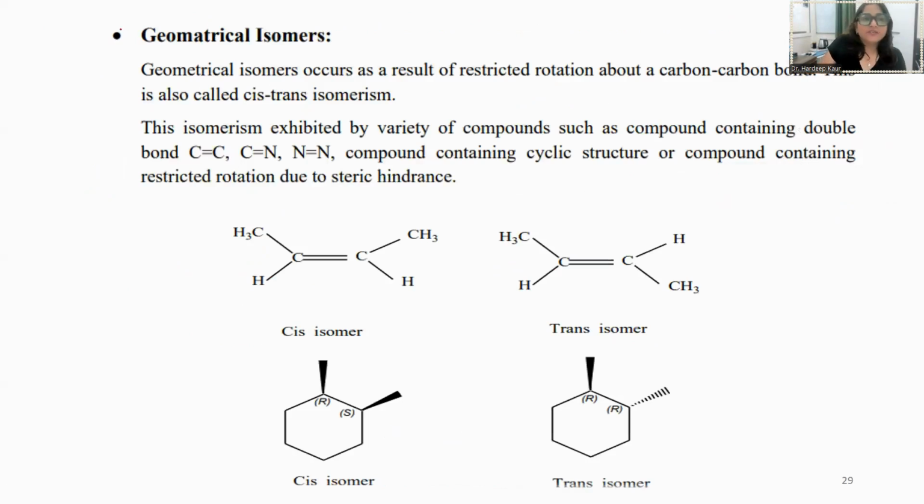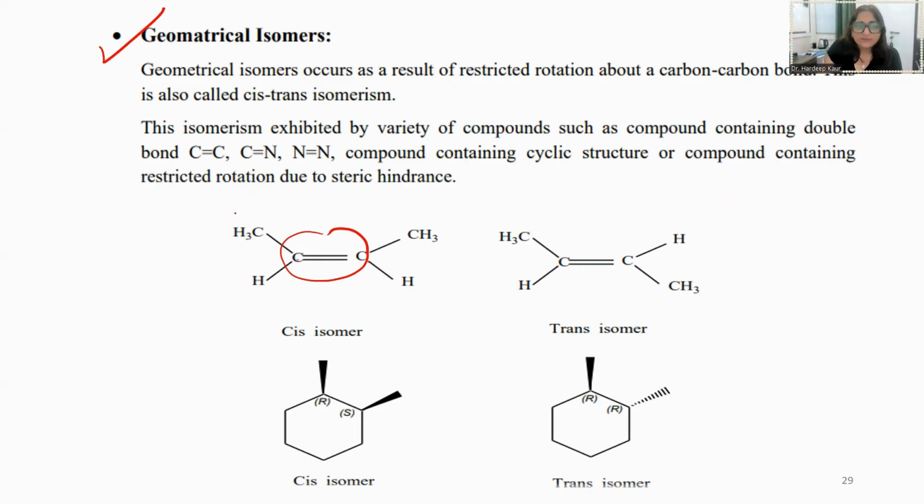Another term used is geometrical isomers. In geometrical isomers, there is a restriction of rotation about the carbon-carbon double bond; basically, a double bond cannot rotate. This is called cis-trans isomerism.